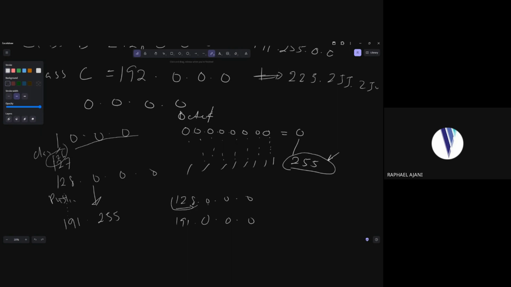This first octet identifies the network, and as this number graduates, it progresses. Now within the first octet, remember that for the public IP addressing, the next range is 192.255.0.0.